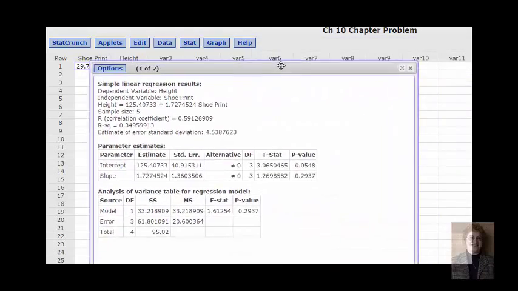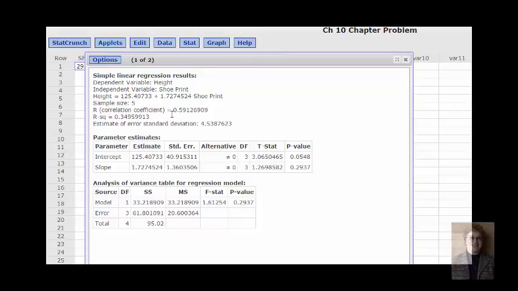and here's what I get. I get my correlation coefficient, 0.5912699. That's exactly the same as we got before. We got some other stuff here that we're going to look at later in section 10.3, but right now that's what we know.